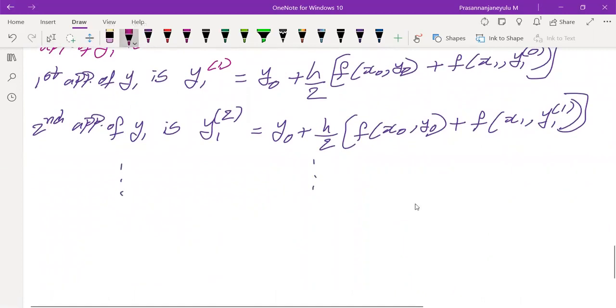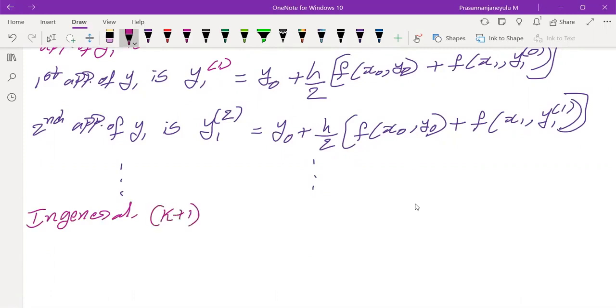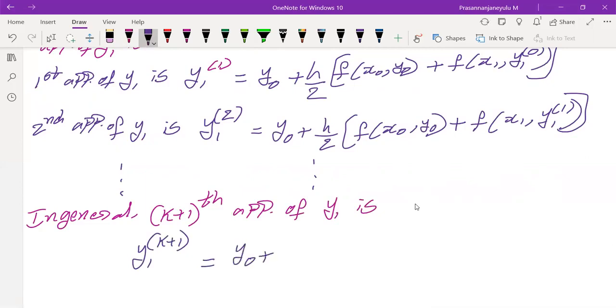So similarly, in general, the k plus 1th approximation of y1 is y1 power k plus 1 in brackets equals y naught plus h by 2 into f of x naught comma y naught plus f of x1 comma the latest approximation of y1.